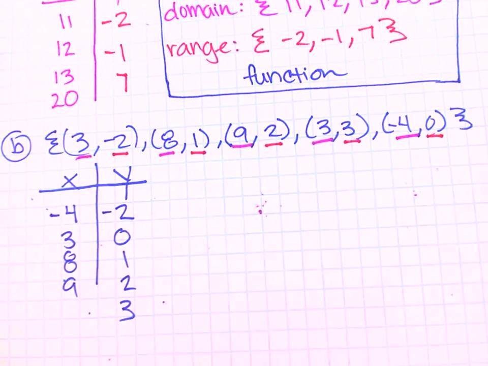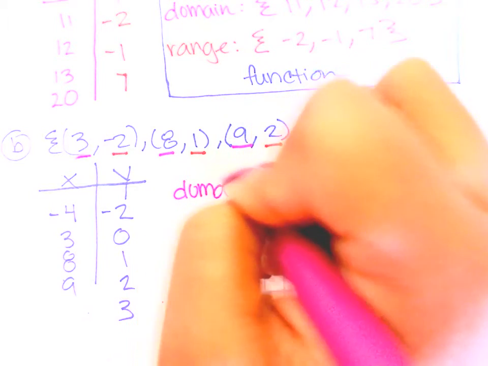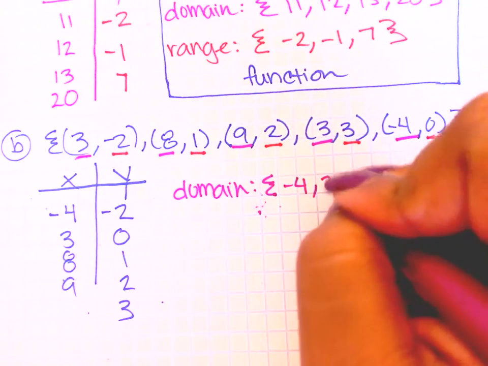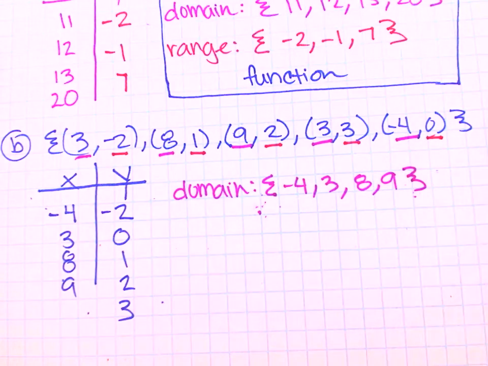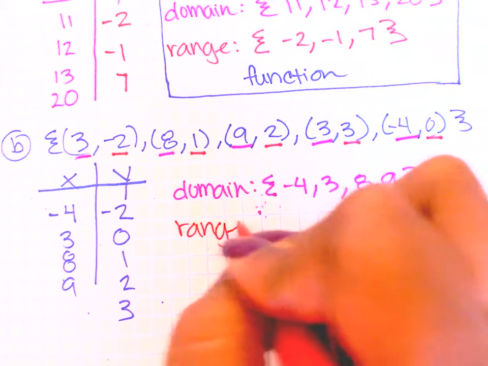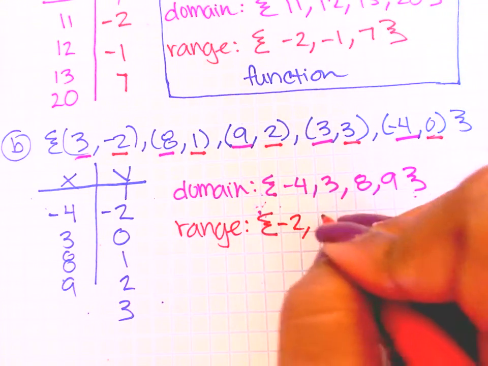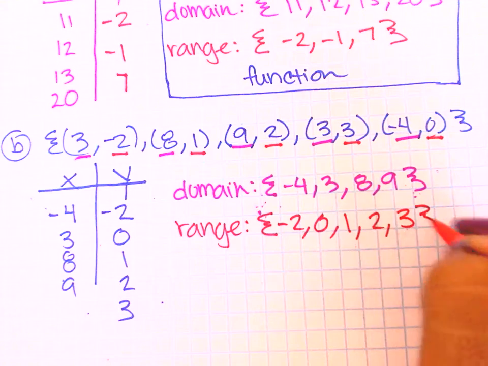So then I write my domain, which are my x's. So I have -4, 3, 8, and 9. Again, I'm just copying it from the column. Looking at my range, I have -2, 0, 1, 2, and 3.